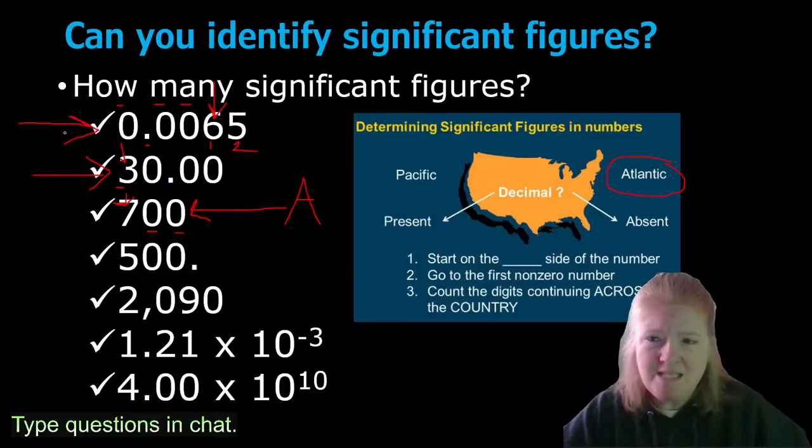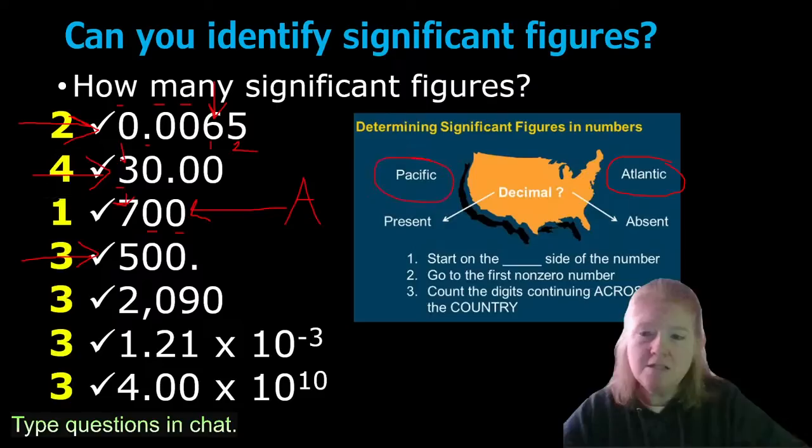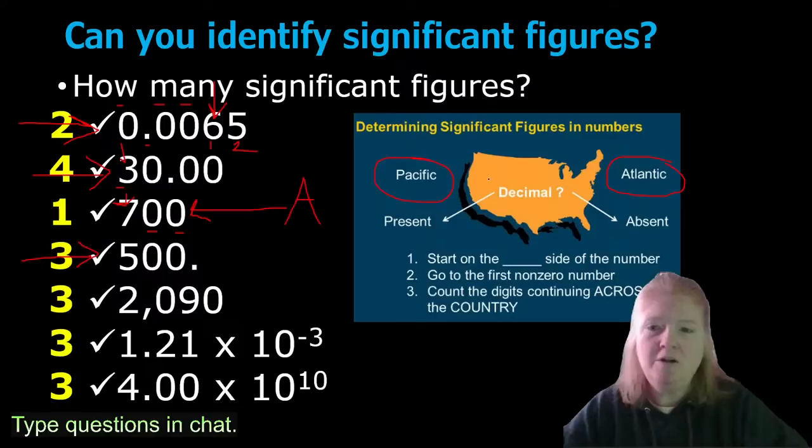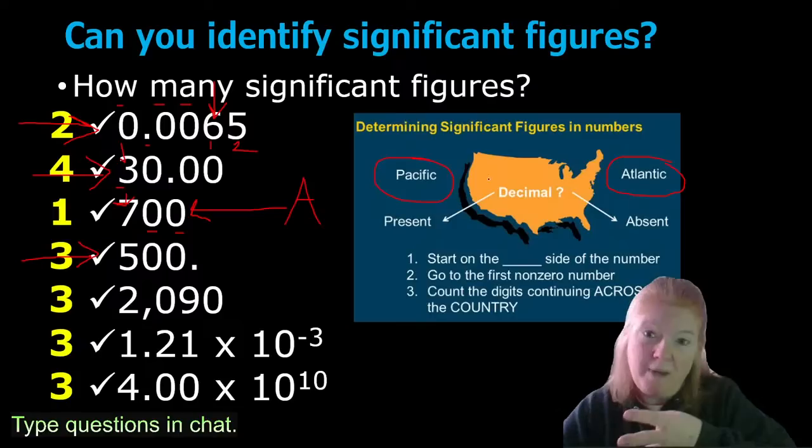When the decimal is present, we begin counting from the left side of the number, like the Pacific Ocean. And then here are the answers for these significant figures. Hopefully you have an understanding of what those are. If not, go back, pause it, try them yourself, see if you can get them.